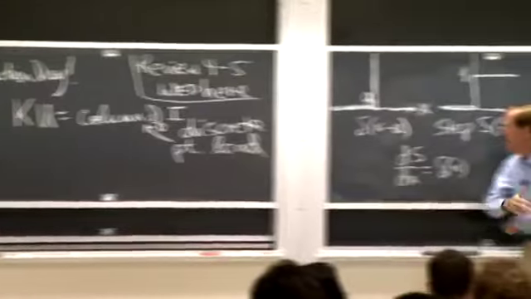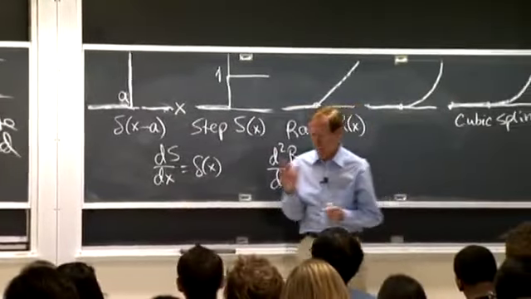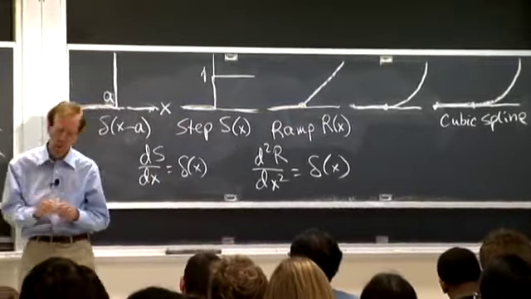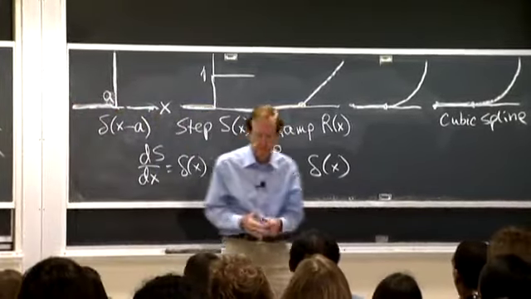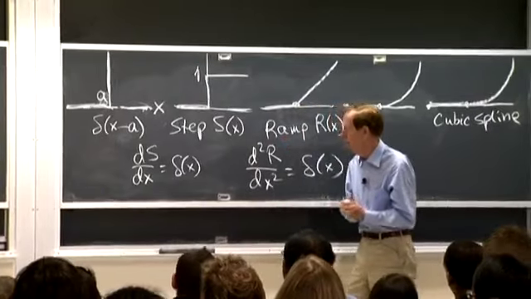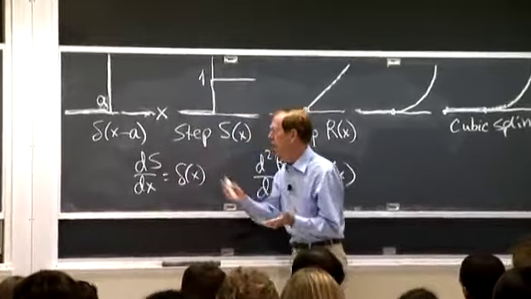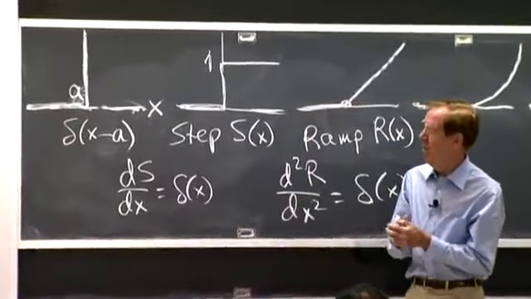Okay. Can I just take a little time to recall the main facts about delta functions? Well, when I say recall, it could very well be new to you. Okay, so that's my best graph of the delta function.